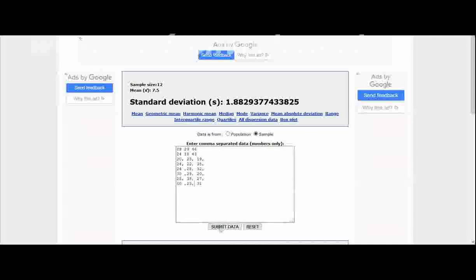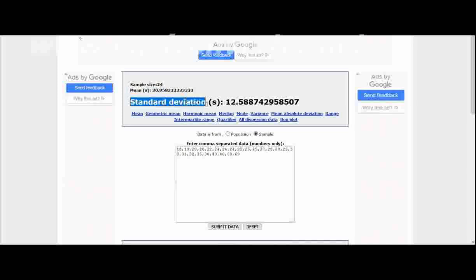Okay, perfect. Let us submit the data. Sample size 24. Mean of your sample is 30.96. As you can see, the standard deviation, or S, is 12 point, you can round it up, 12.6. Using software and online calculators, they are very fast, they are very accurate.